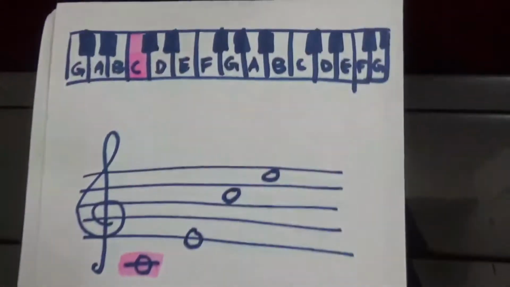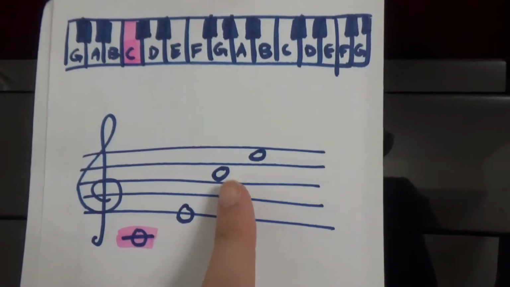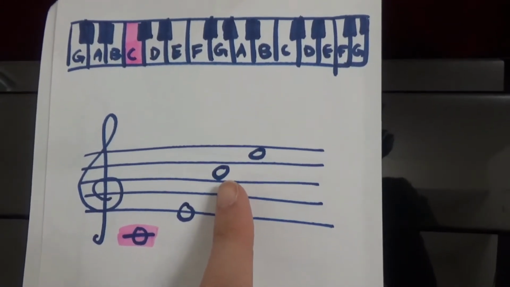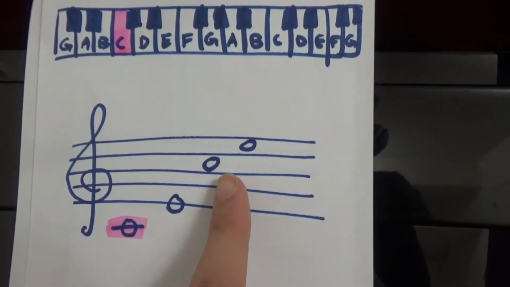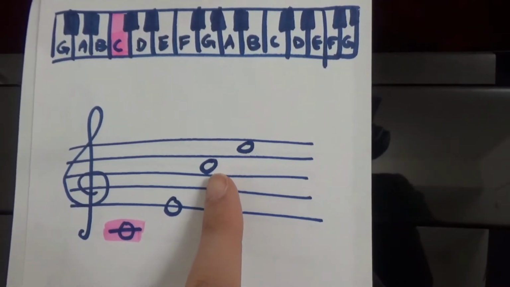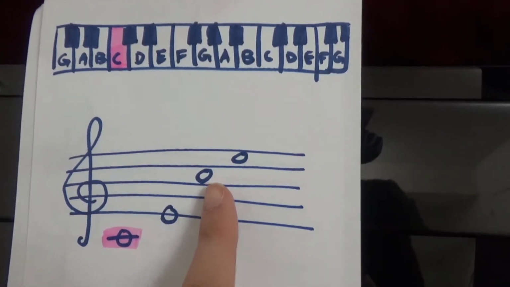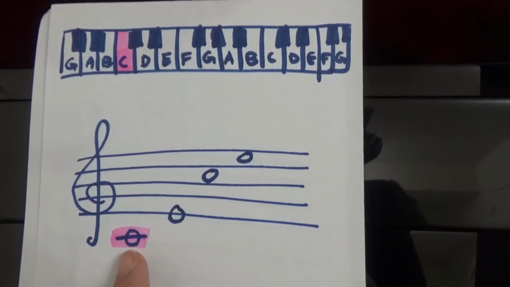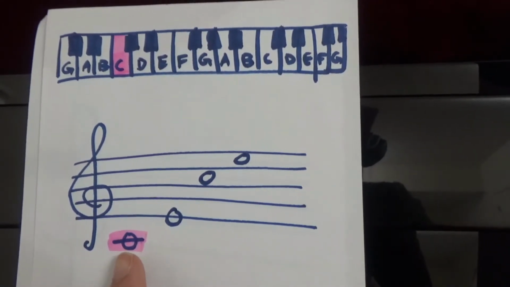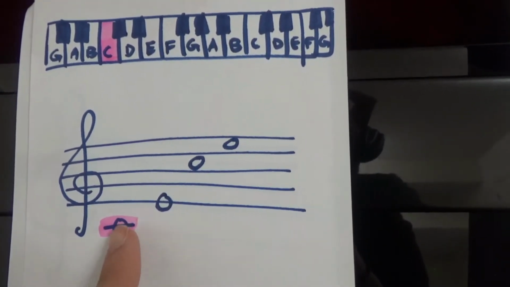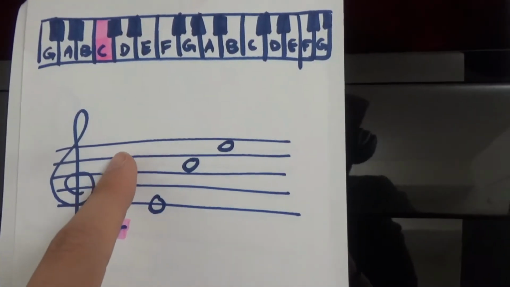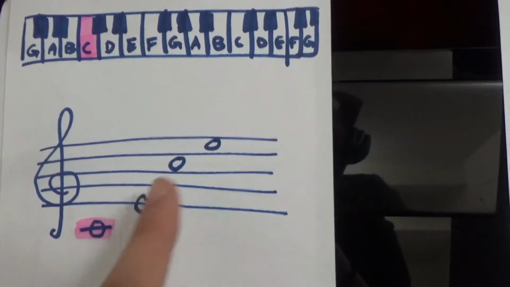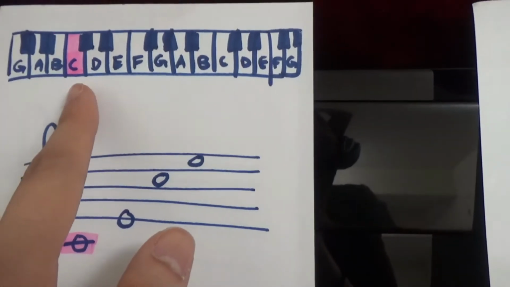Let's take a look at the next example, okay? So here, if you again remember from my note reading video, you will be able to identify this note as a C. However, you can see that this C here is drawn very differently from that middle C all the way down here. Not only that, but it's also placed a lot higher on the staff compared to middle C. So we know that this definitely can't be that.